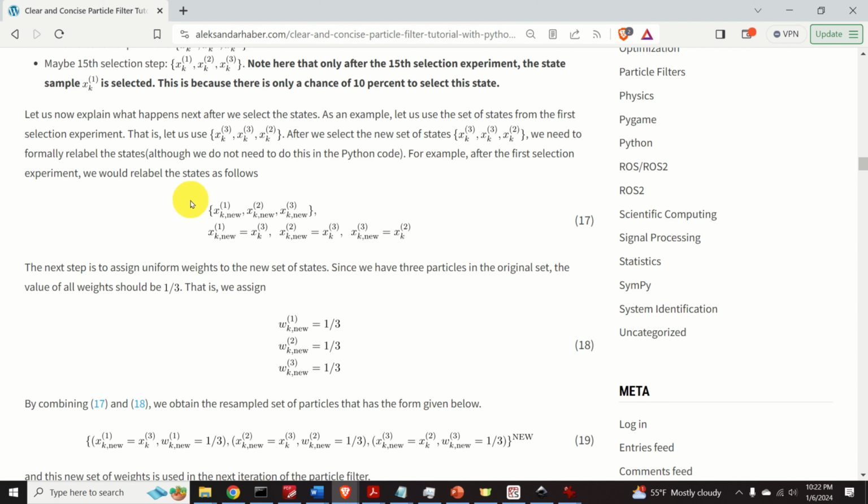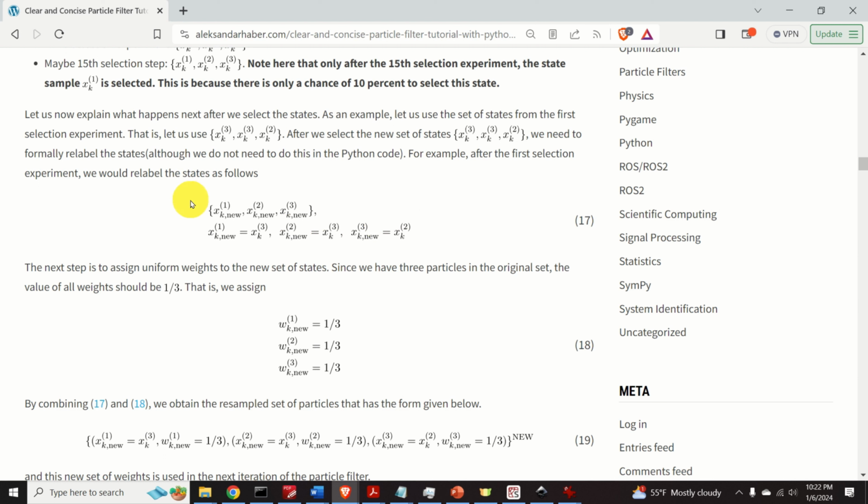Then, let's analyze the other particles. For example, this particle has the weight of 0.3, so there is a 30% chance that the function will select this particle. Consequently, here we will have 3. And over here, let's analyze the other particles. There is a 10% chance that the function might select 0, and there is a 20% chance that the function will select 2.